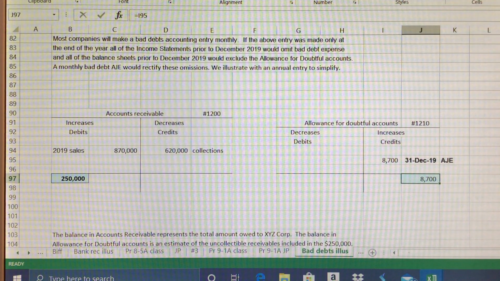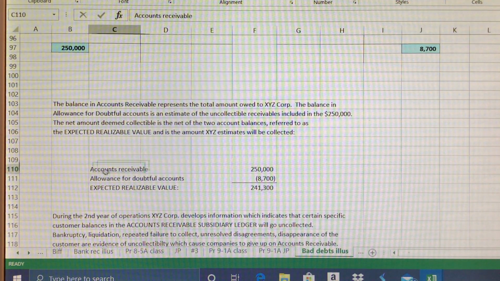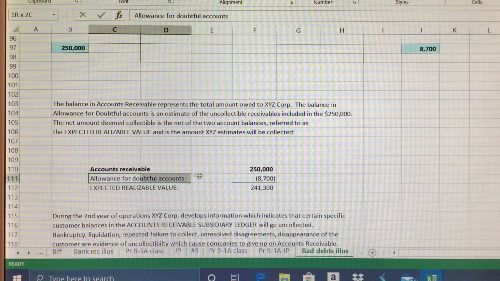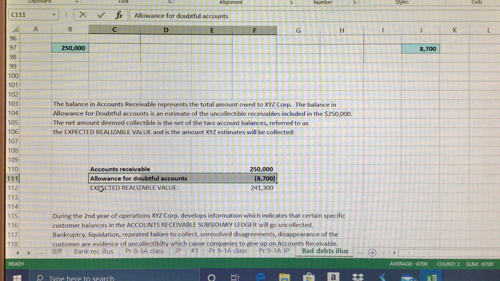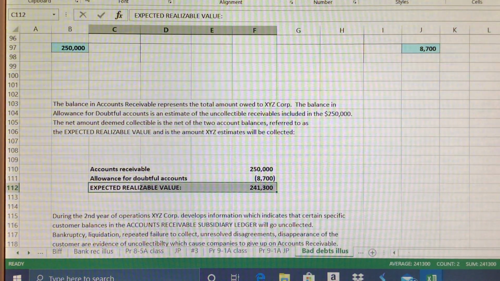Here's the credit balance in allowance for doubtful accounts. If you take the two of these together and you net them, you get the expected realizable value, which is a fancy name for, here's the total amount owed to you. This is the amount you think you will not collect. And this is the amount you think you will collect. And of course, that's not going to be 100% accurate.